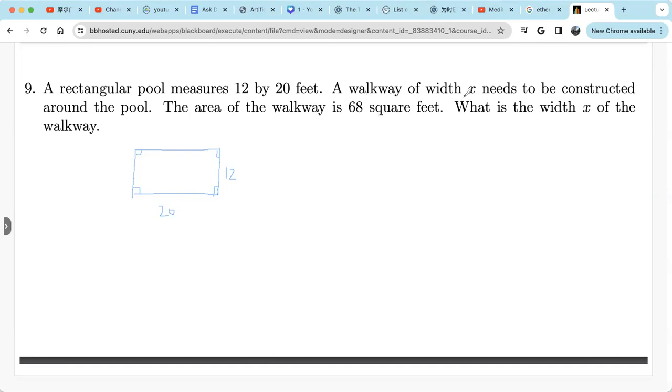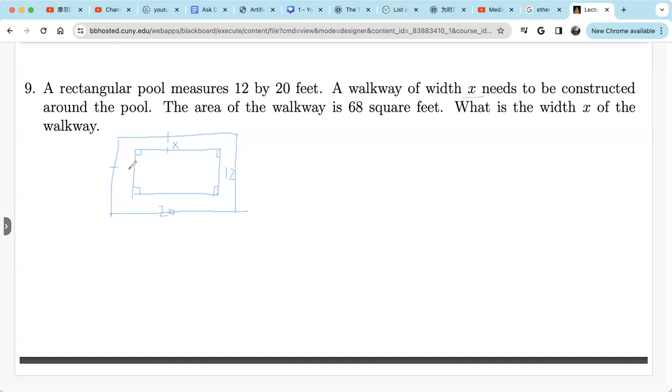A walkway of width x needs to be constructed around the pool. The area of the walkway is 68 square feet. All right, let's just draw the walkway with width x. So from here to here, that's x.